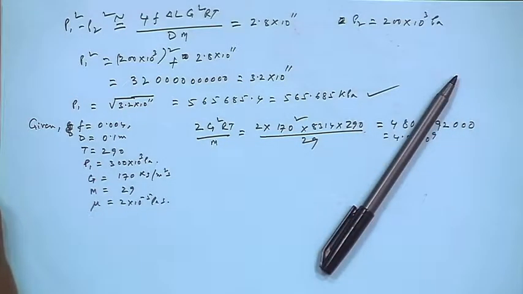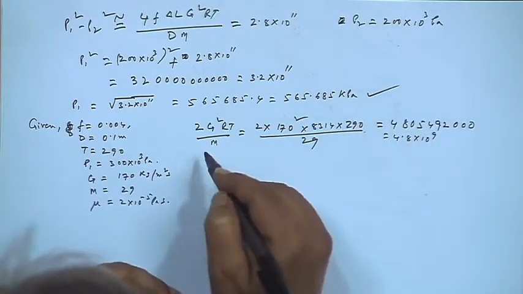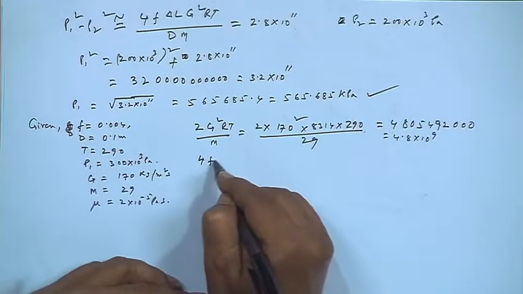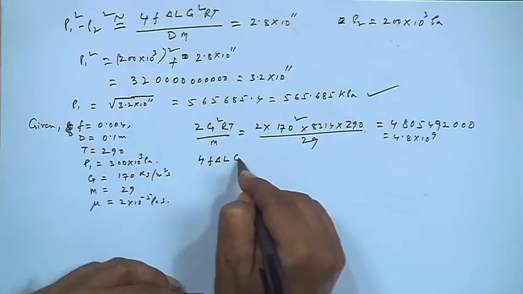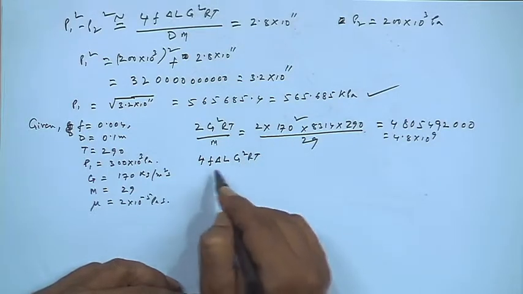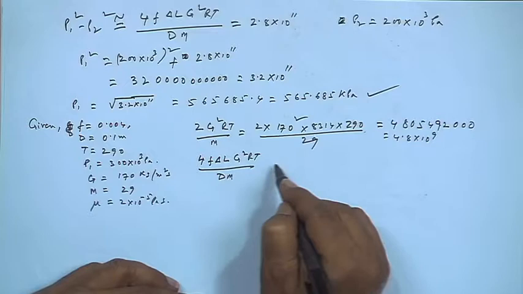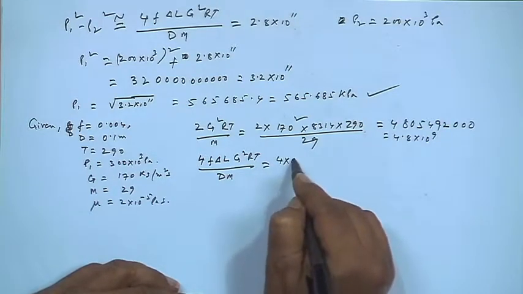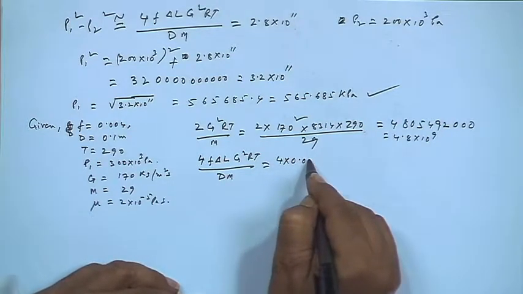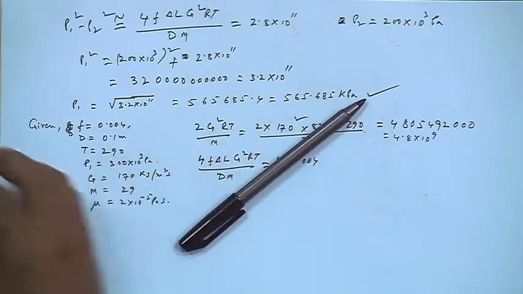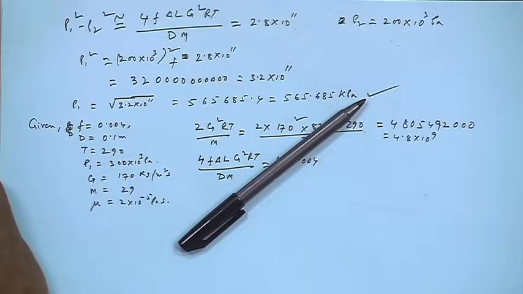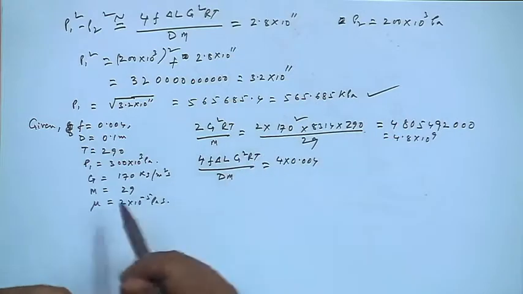That was one. The other one which we found out, 4F delta L G square RT by DM. So in this case 4F is 0.004, delta L, it was perhaps given, the length of pipe is 50 meter.